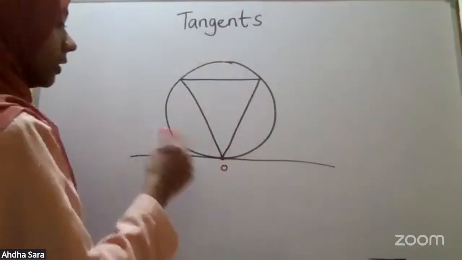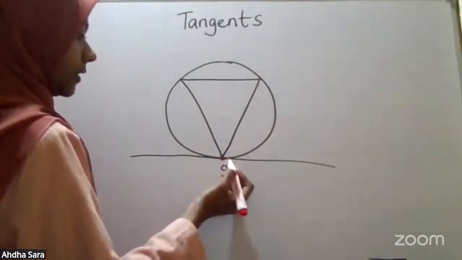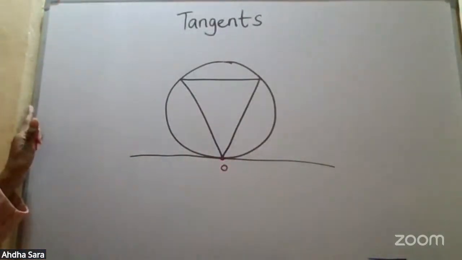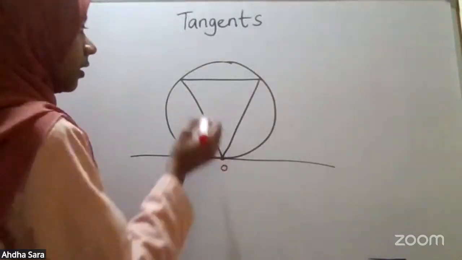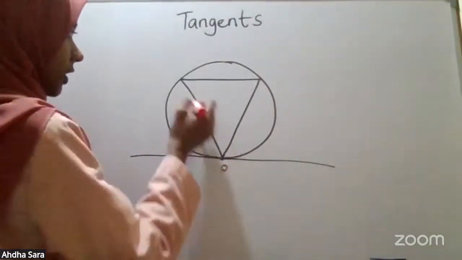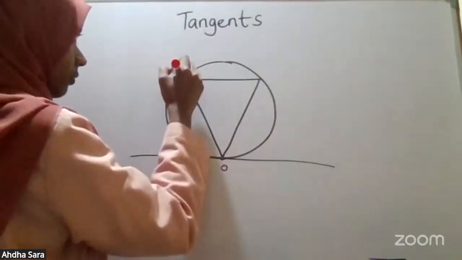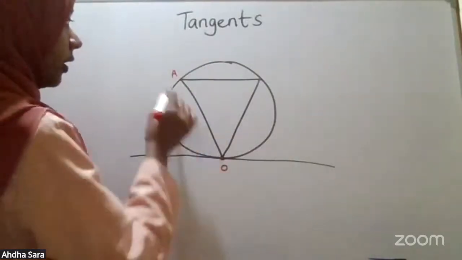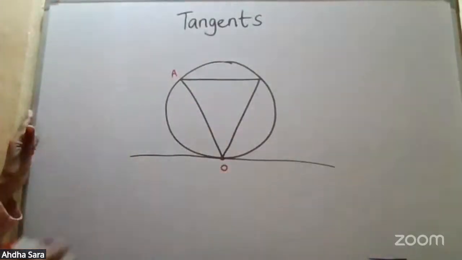Now the tangent meets the circle at point O, and a chord AO is drawn.